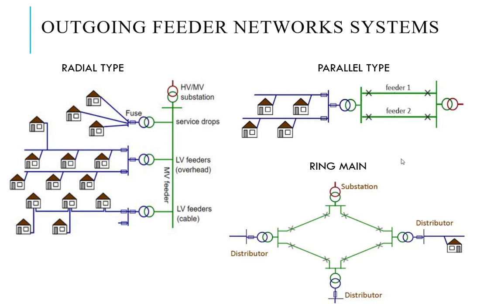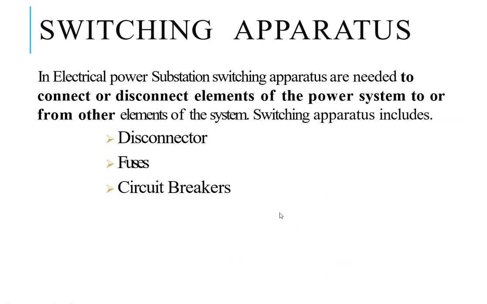The link main is commonly used because it is more reliable. It provides a link connection whereby if one line fails, the other line can supply, but at three different distribution centers whereby they can receive different voltages.